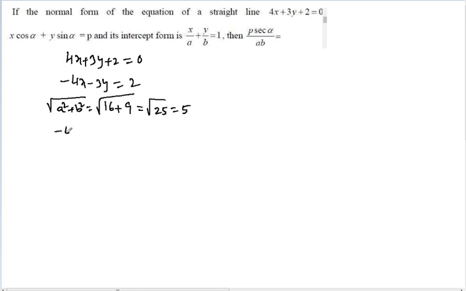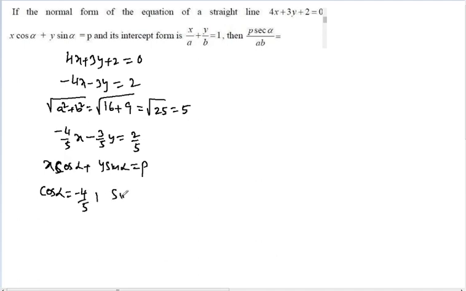So that is -4/5 x - 3/5 y = 2/5. This is the normal form, that is x cos alpha + y sin alpha = p. From this cos alpha = -4/5, sin alpha = -3/5 and p = 2/5.